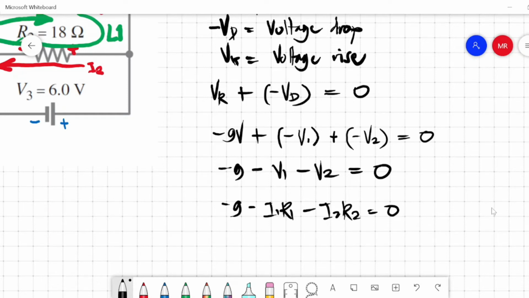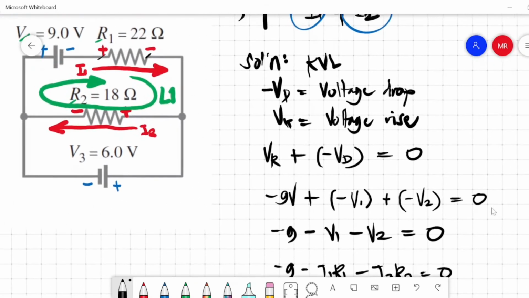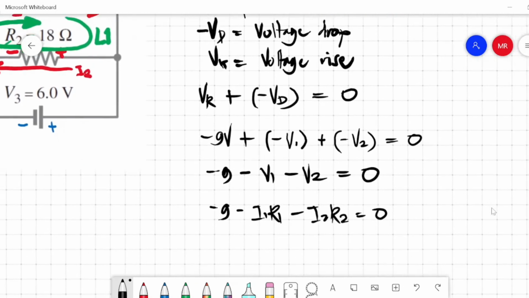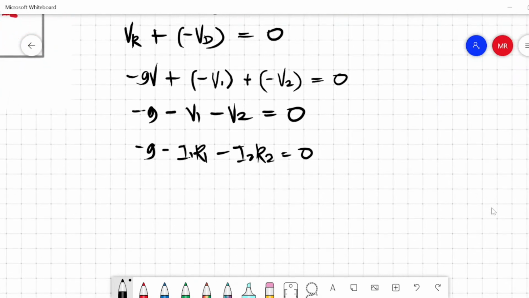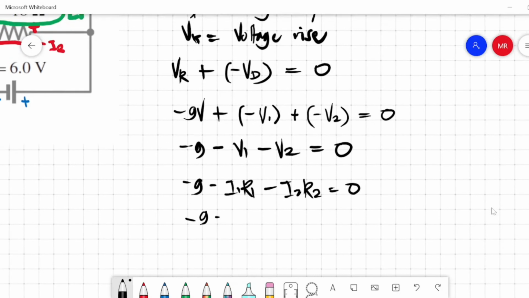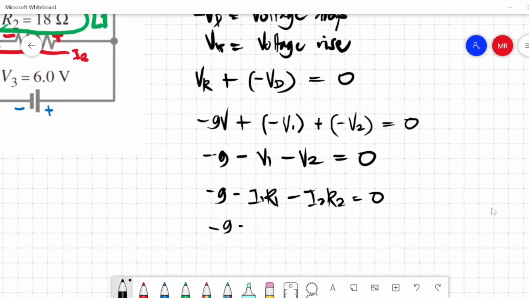And we have the values for R1 and R2 from our given circuit: R1 is 22 ohms, R2 is 18 ohms. Therefore, this will become negative 9 minus 22 I1 minus 18 I2 equals 0.